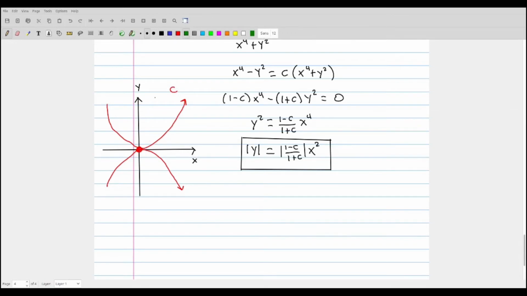And for different values of c, we'll say that this right here is c1. Say you have some other value of c. This is c2. You have the same sort of picture right here, where you're still going to the same point.